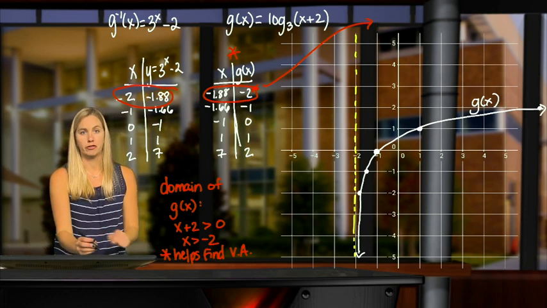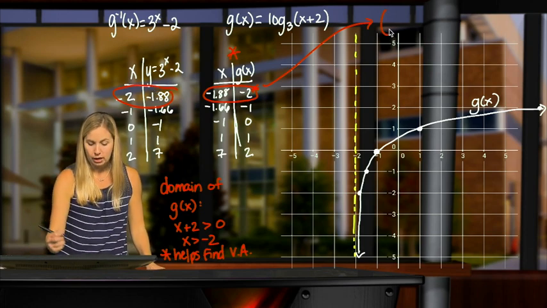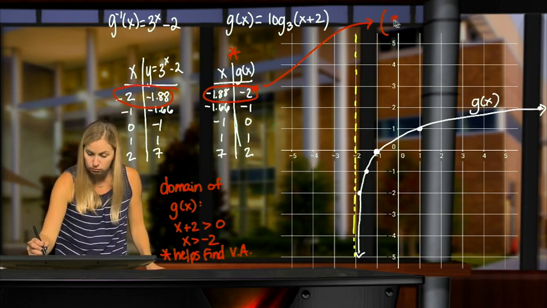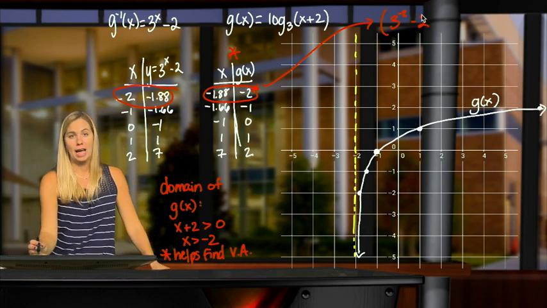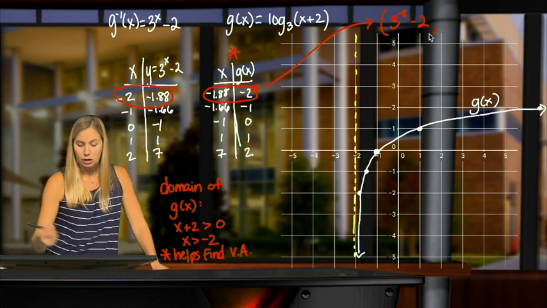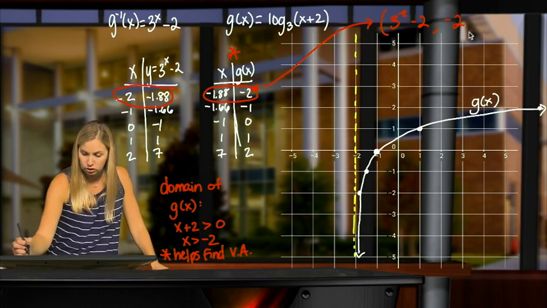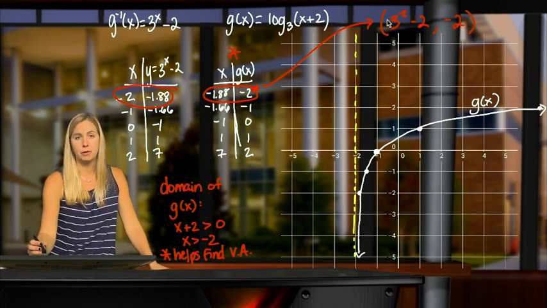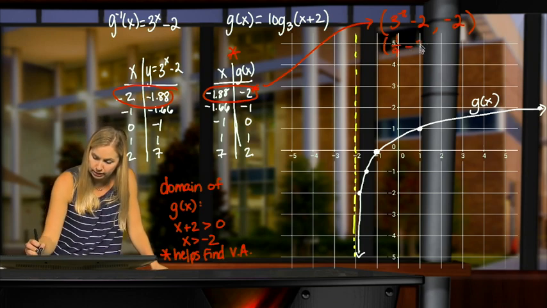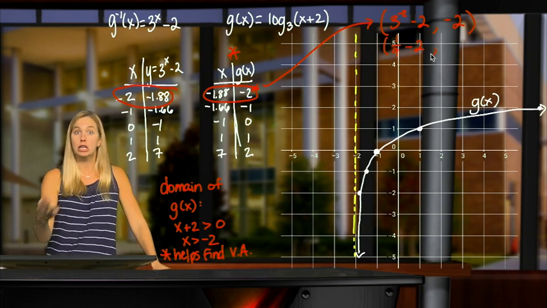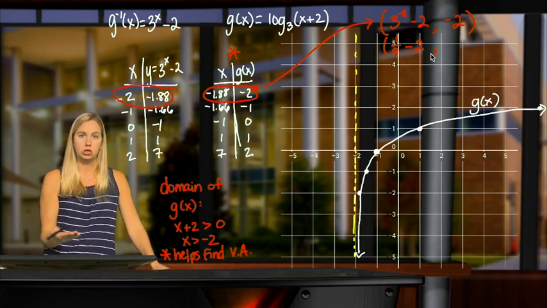If you look over here from that first table, that was 3 to the negative 2 minus 2. You can actually type that in as an x value, and then your y value is negative 2. Now you could simplify 3 to the negative 2 and write it as 1/9 minus 2. And if you really wanted to combine those two fractions, you could do that too.